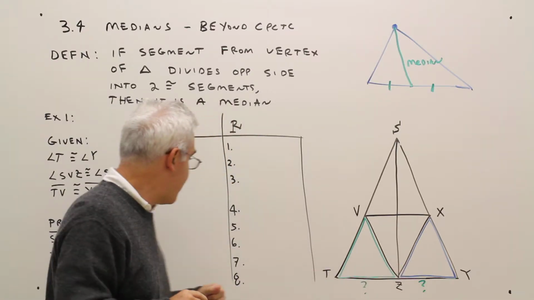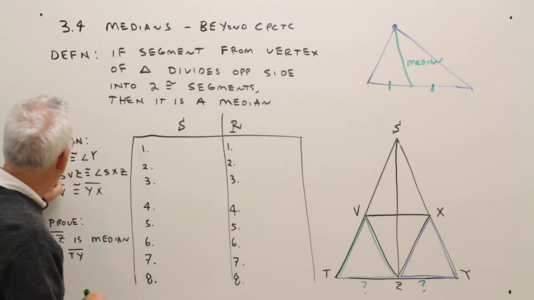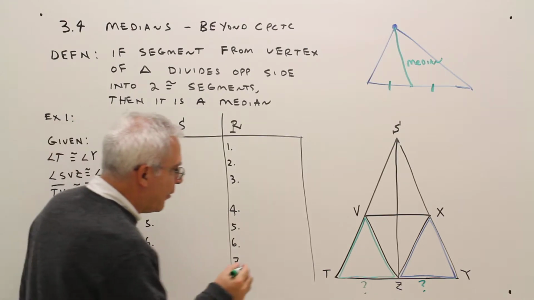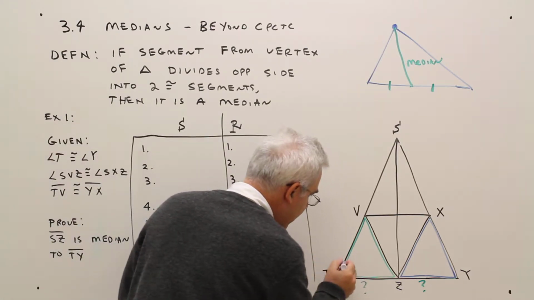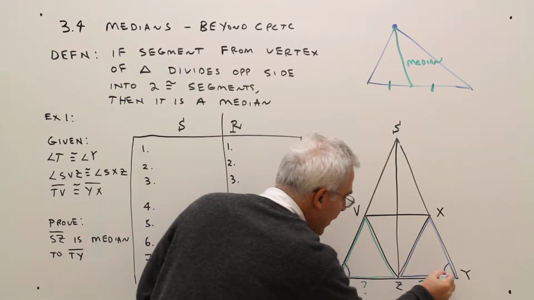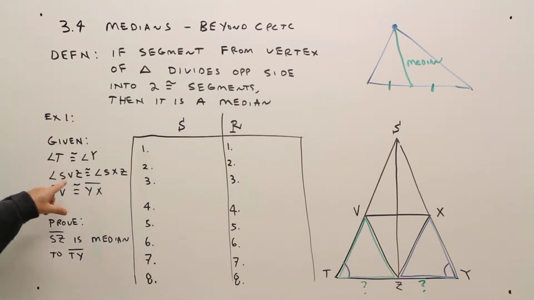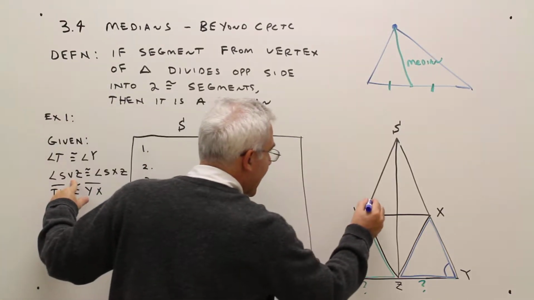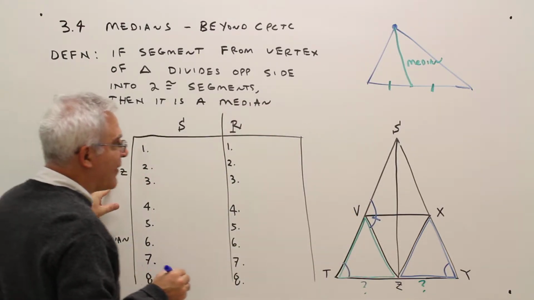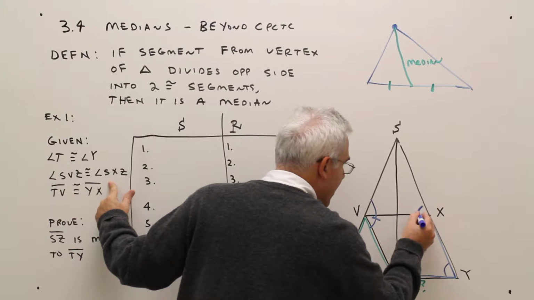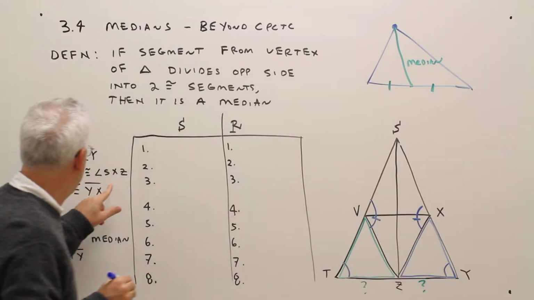Let's see what happens. All right, so angle T is congruent to angle Y. I'll use blue. Angle T is congruent to angle Y. Angle SVZ, that's this angle here, is congruent to SXZ, that's that angle there.